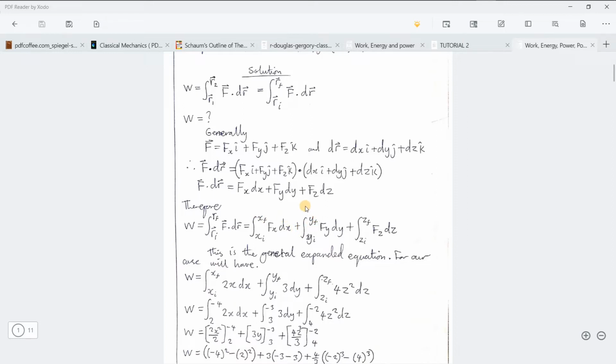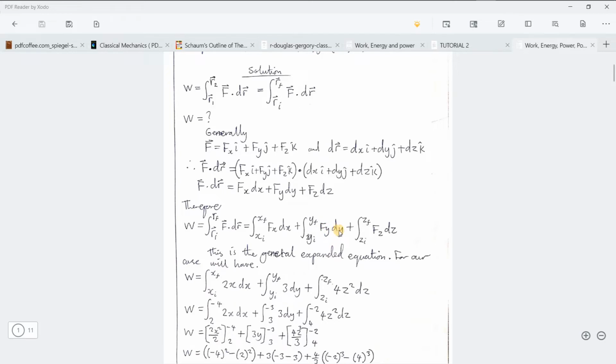Plus the integral of fy dy, the second part, from yi, the initial position in y, to y final.